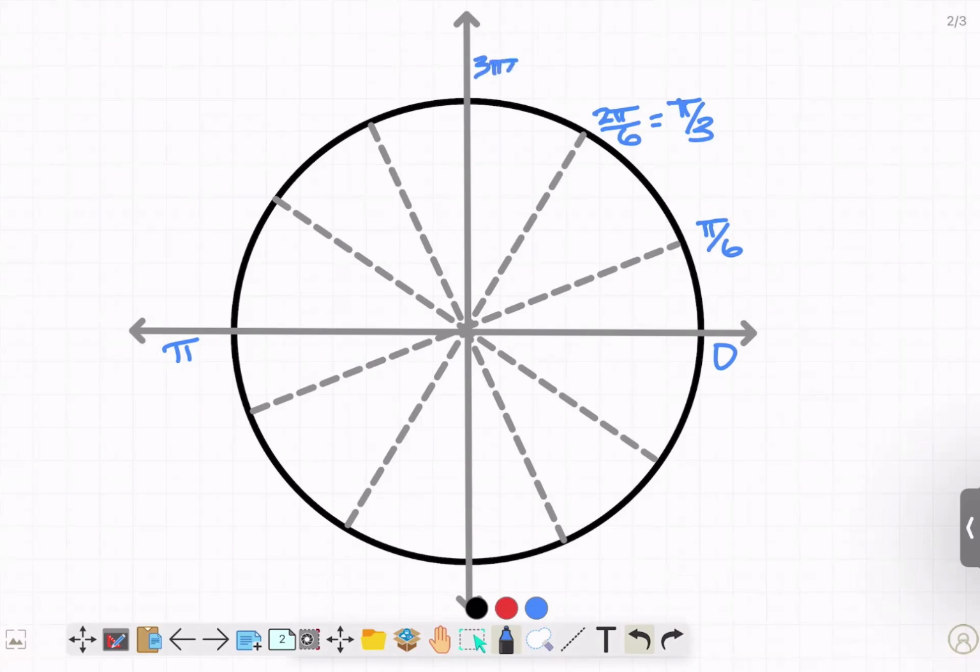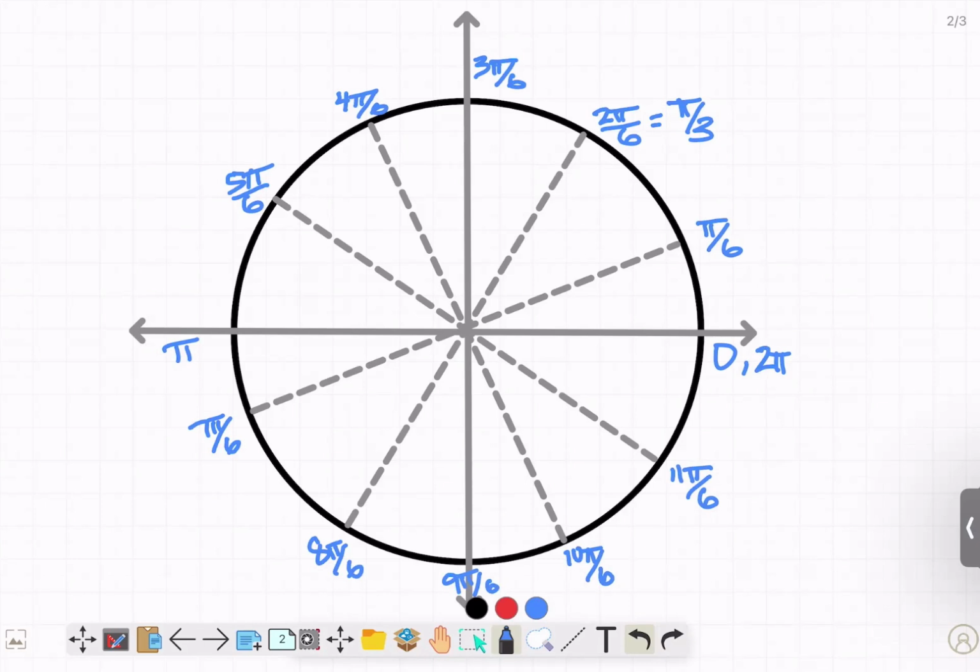Next would be 3 pi over 6, and then 4 pi over 6, and then 5 pi over 6, and then 6 pi over 6 is pi, and then 7 pi over 6, 8 pi over 6, 9 pi over 6 at the bottom, 10 pi over 6, and then 11 pi over 6, and then 12 pi over 6 would simplify to 2 pi, right? And so all of these angles where the top and the bottom have common factors, we'll simplify those, and then we'll put it all together with the fourth angles.